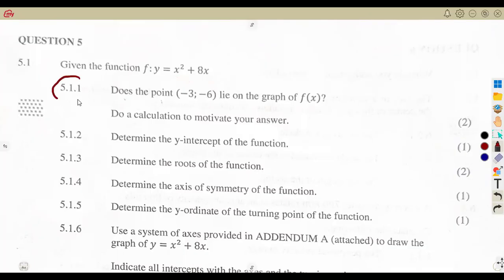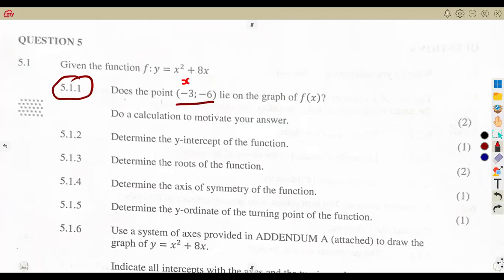From this function, you are being asked, does the point (-3, -6) lie on the graph of f, which is our f of x? If a point lies on a function, it simply means the x value must correspond to the y value.